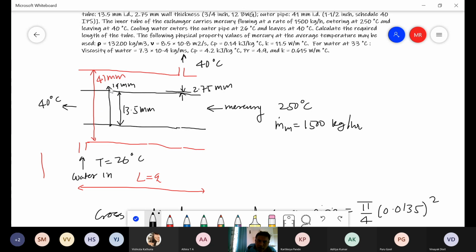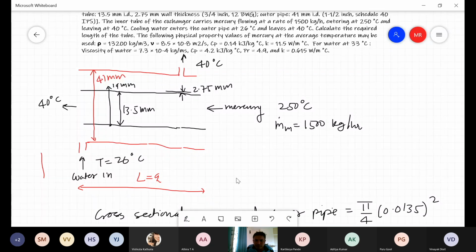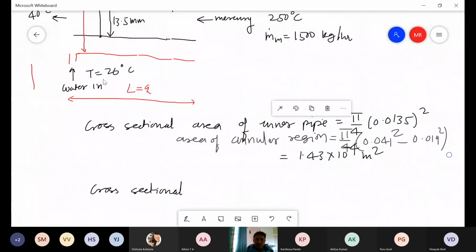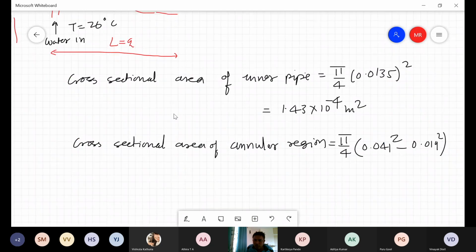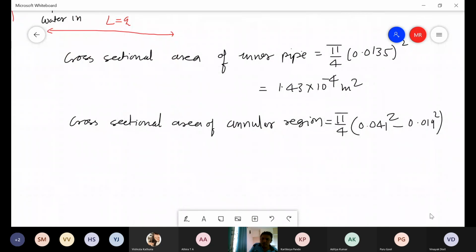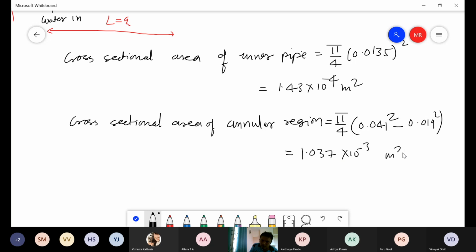So the outer diameter of the inner pipe is going to be 19 mm. That is why, when we wanted to calculate the cross-sectional area of the annular region, we have to look at the outer diameter of the inner pipe, which is 19 mm. So that is what I have written here. Okay, so this area comes out to be 1.037 into 10 raised to power minus 3 meter square.